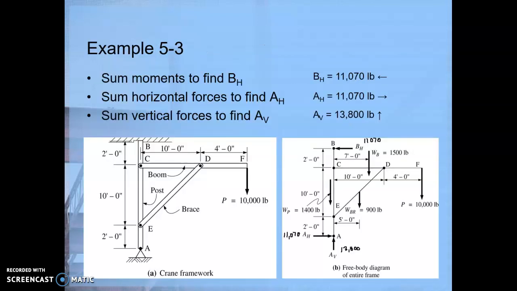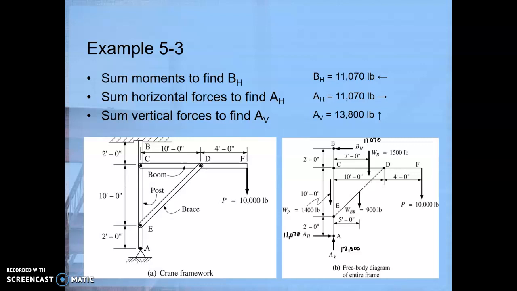If I back up again, I don't think I would want to choose the brace to start off with. The joint here is going to have vertical and horizontal reaction forces. I don't really know either of them. The only thing I know about the brace is that it has a 900-pound weight coming down, but that would leave 4 other unknown forces. Probably wouldn't want to start there.